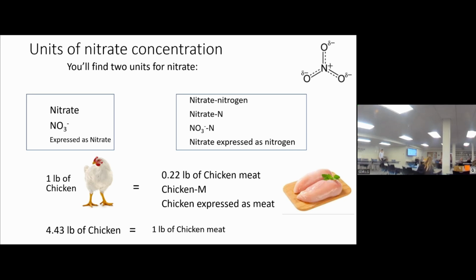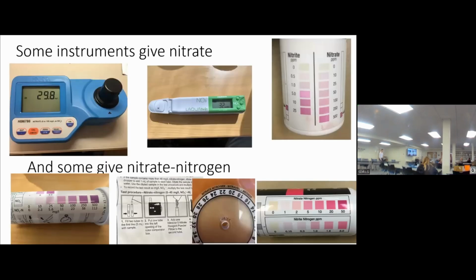And if you think that stupid jokes can only get to a certain point, you can think of the oxygens as the feathers and the legs and the head of the chicken. But again, these are the units. One is about 4.5 times larger than the other one. And I'll have you play with those in a minute.